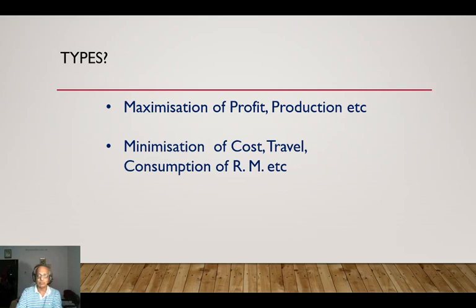One is a maximizing problem, another is a minimizing problem. In case of a maximization problem, we had profit, production, etc. And when it is a minimization problem, you can take cost, minimum distance traveled, or consumption of raw materials, or something else. Basically, there are two types.